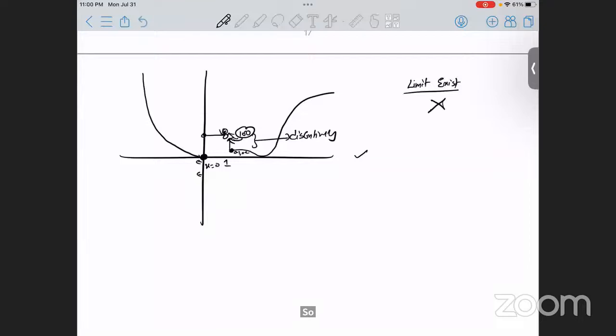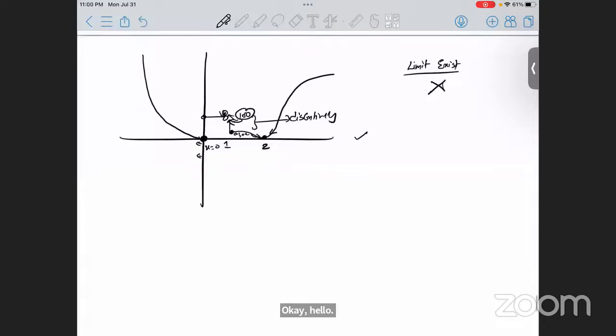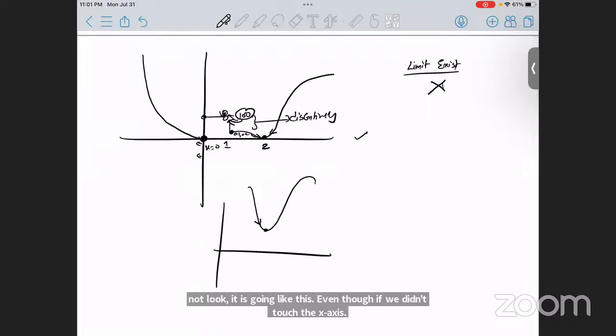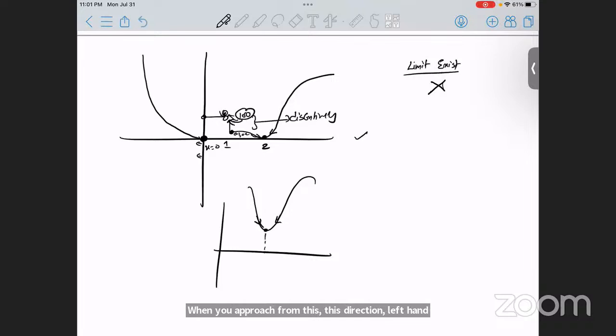Limit exists at x equal to 2, because when you go from the right side and from the left side, you approach the same value. It is touching the x-axis, which means it approaches the same value. Even if it didn't touch the x-axis, when you approach from the left-hand direction and from the right-hand direction at x equal to 2, you get the same y value.